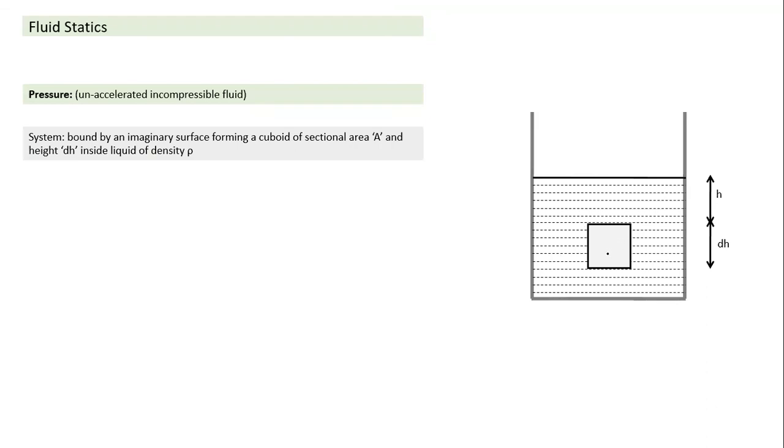We find pressure inside a liquid using laws of motion. This is something I went through last time, so perhaps all of you would recall that part. To apply laws of motion, I need to first define my system.